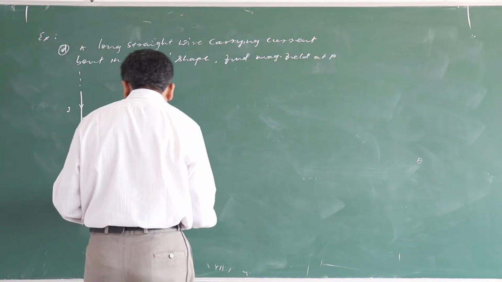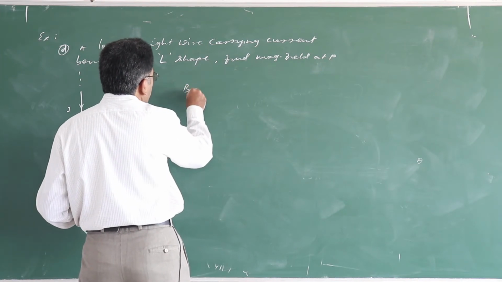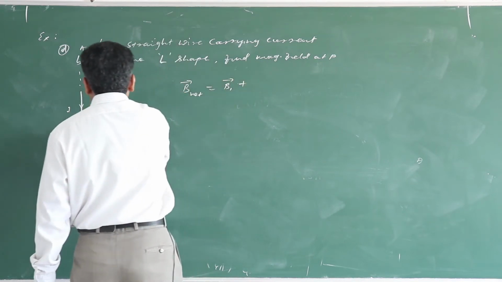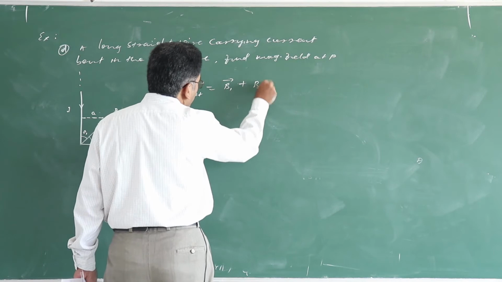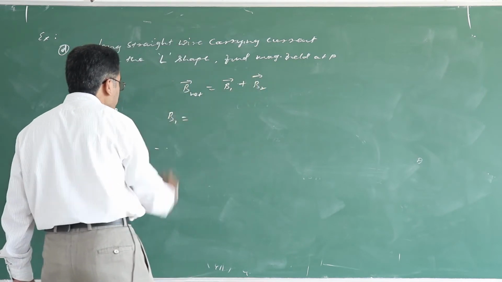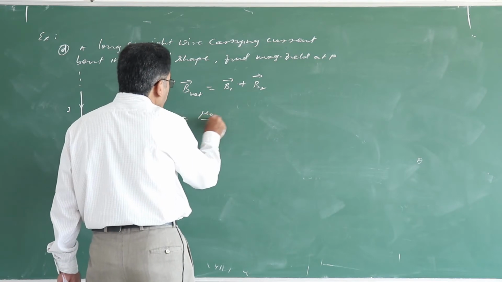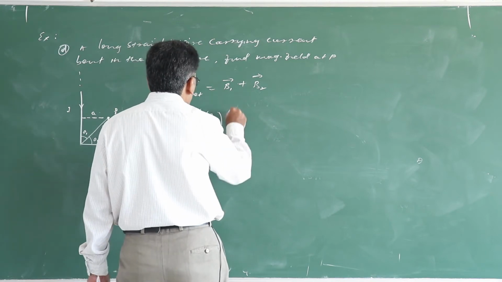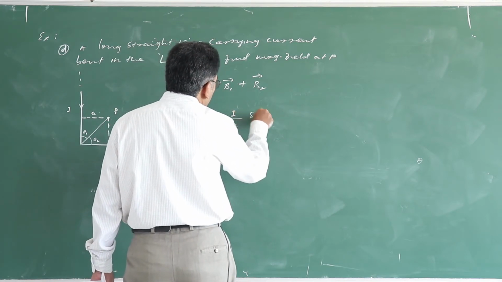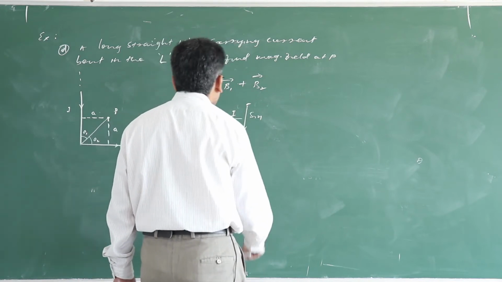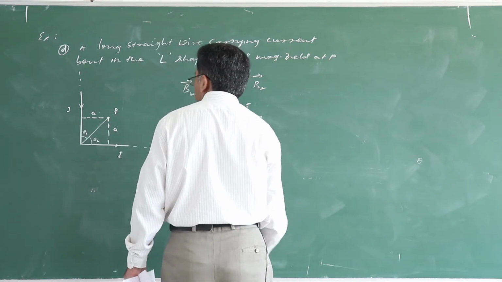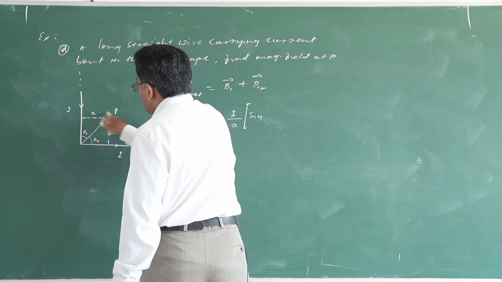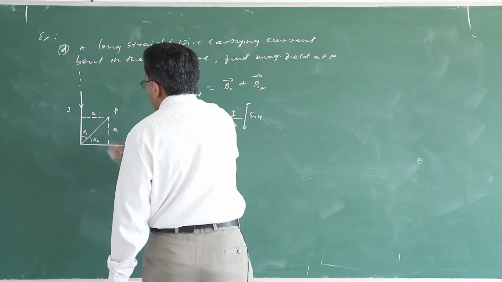See, therefore, first let us take, the currents are in the same direction, therefore the net magnetic field is equal to the magnetic field produced due to this segment and this segment, B1 plus B2. First let me take B1. What is the magnitude of B1? This is equal to mu naught by 4 pi I by A sine of, for this particular segment, the other angle is 90.